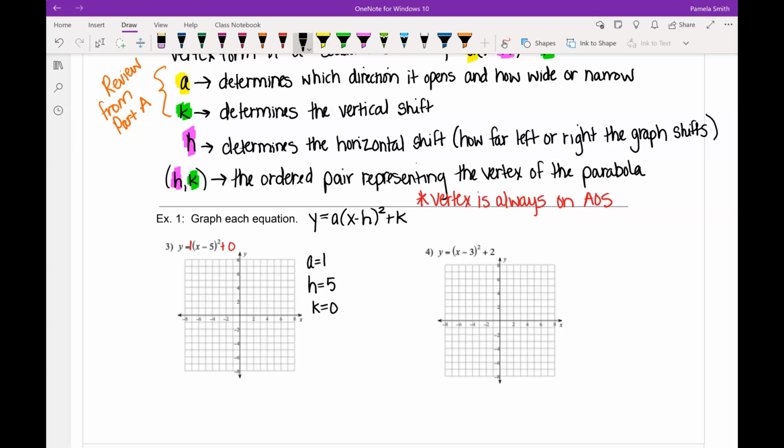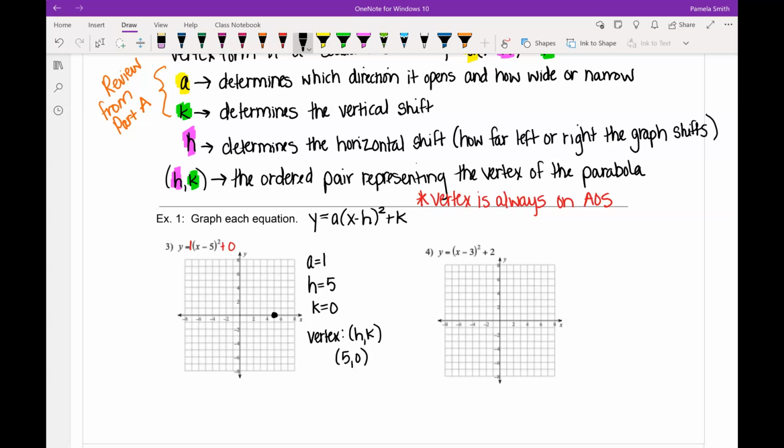So those two together make up my vertex, which again is the ordered pair h comma k. So my vertex would be 5 comma 0. Just putting those 2 points together as an ordered pair. So I graph that.